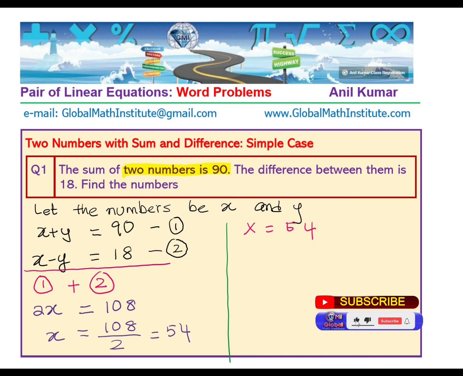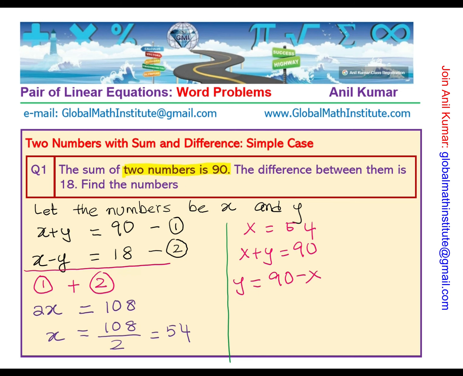We can use one of these equations to find y. So we know that x plus y equals 90, means y is equal to 90 minus x, which is 90 minus 54. And so we get the value of y, which is 10 take away 4 is 6, 8 take away 5 is 3, 36.